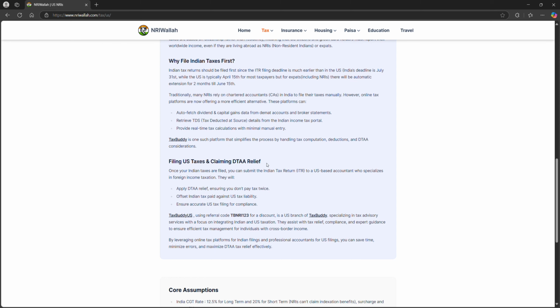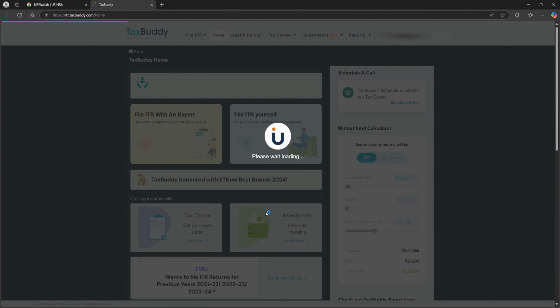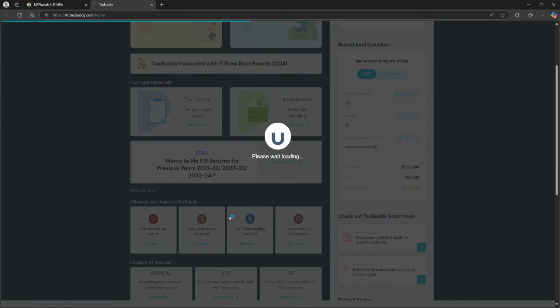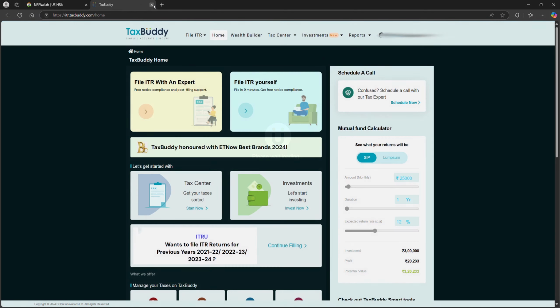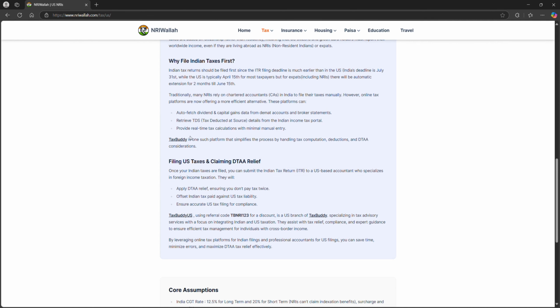For the Indian tax, you can use this and register with your details, and then you get that ITR.